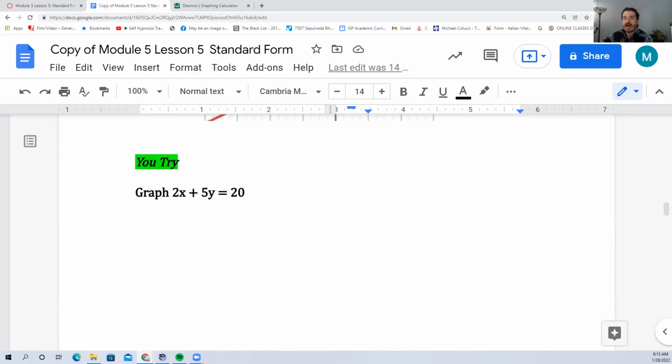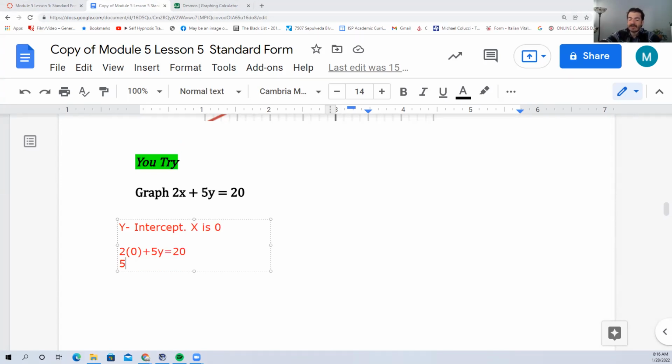Okay, so I'm going to find my intercepts, right? My y-intercept: my x is 0, which would give me 2 times 0 plus 5y equals 20.